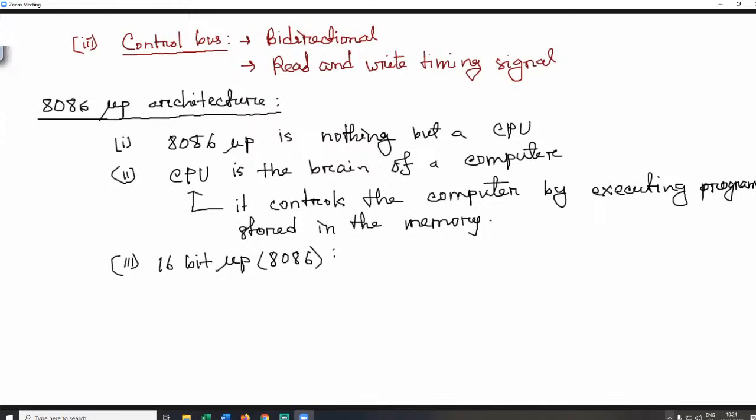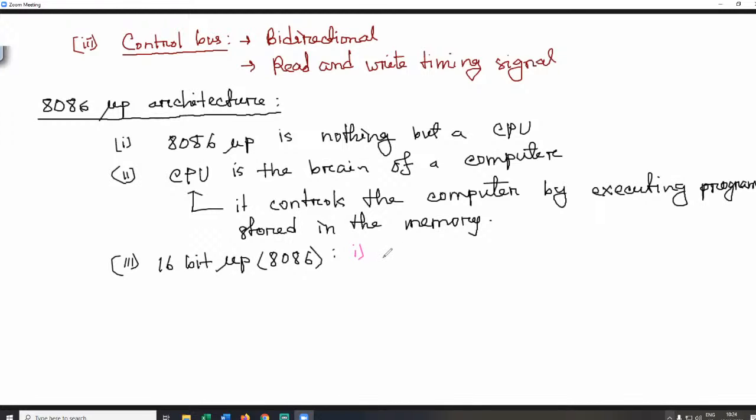Okay, so there are two main points here. A 16-bit processor, what does that mean? It has 16 data lines exposed to outside. How many data lines does a 16-bit processor have? It has 16 data lines exposed to outside. That is point number one.